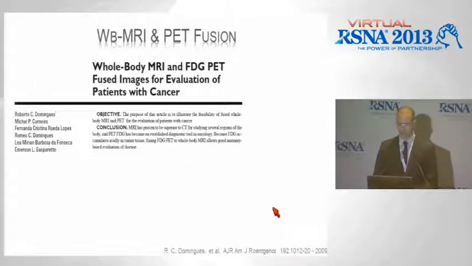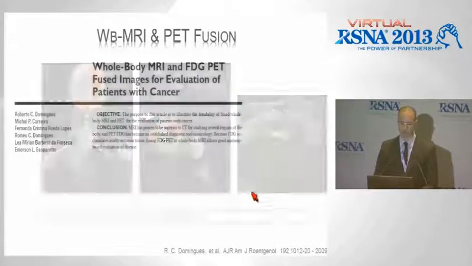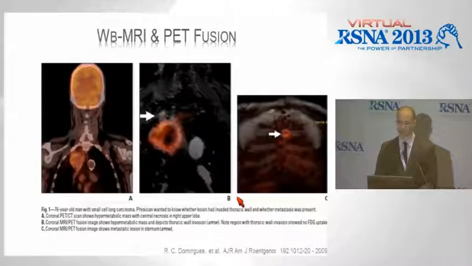Just as the last thing here, I'll give you an idea of what MRI PET fusion may look like. That's a pictorial essay, and they nicely showed that if you fuse the images of the PET and the MR, here in the lung cancer patient, you can see that the MR part was able to depict the chest wall infiltration that wasn't seen by the PET.